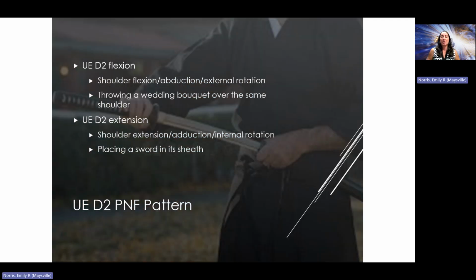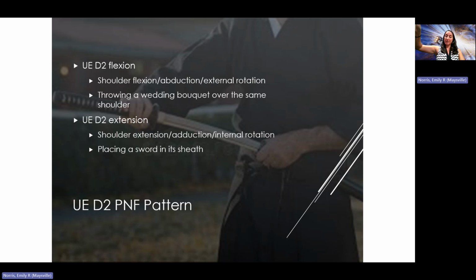With D2 flexion and extension of the upper extremity, with D2 flexion, the shoulder is flexed, abducted, and externally rotated. Flexed, abducted, externally rotated, like that. So that is D2 flexion.